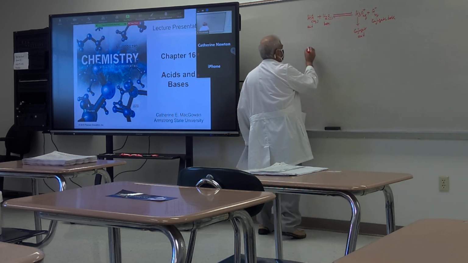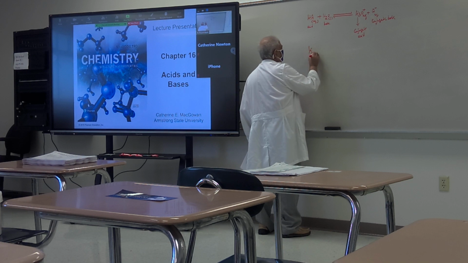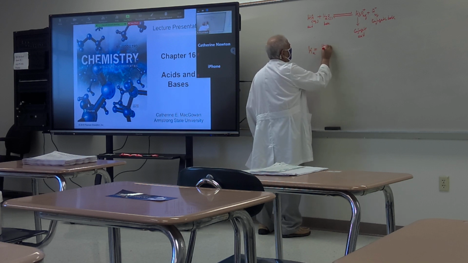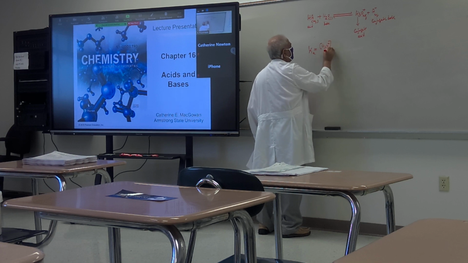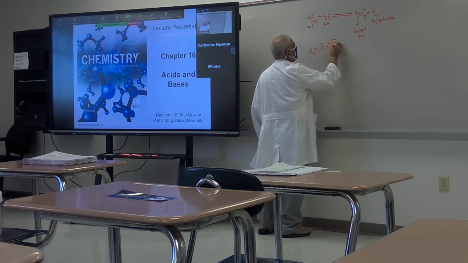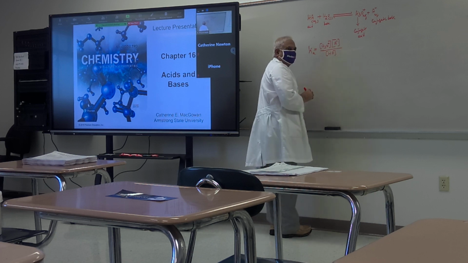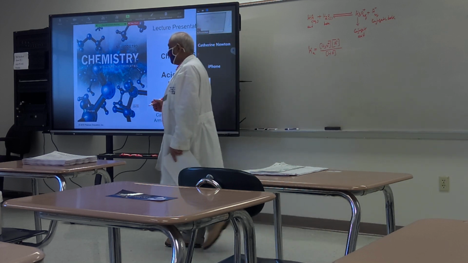Now what I do is I will apply the law of mass action because it is an acid. Ka equals what? Hydronium ion concentration times the conjugate base divided by what? The weak acid, correct? Right? The weak acid.